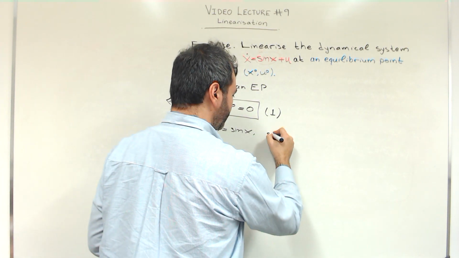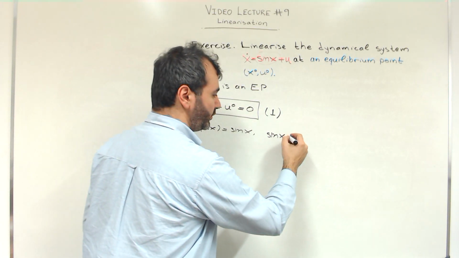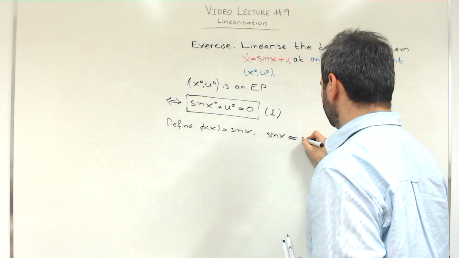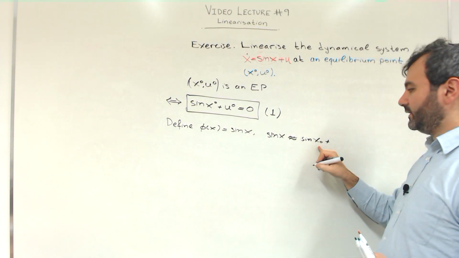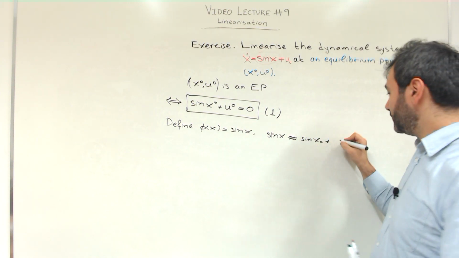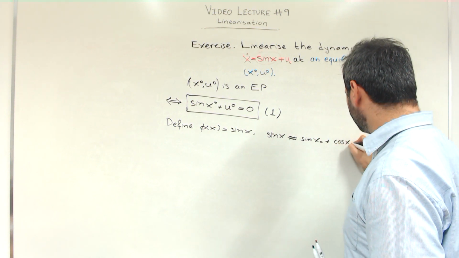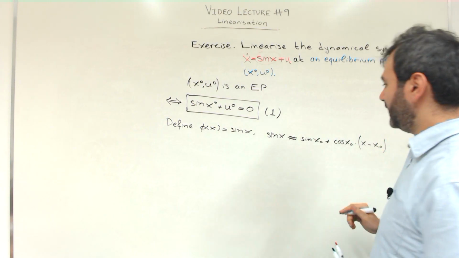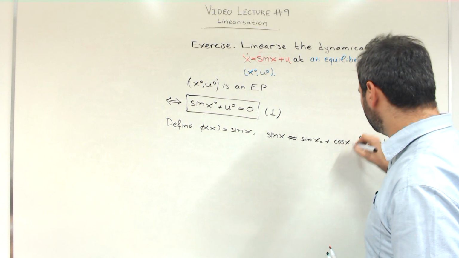So we have the function is approximately equal to the value of the function. This is phi at x0 plus the derivative at that point times x minus x0. x0 like that.